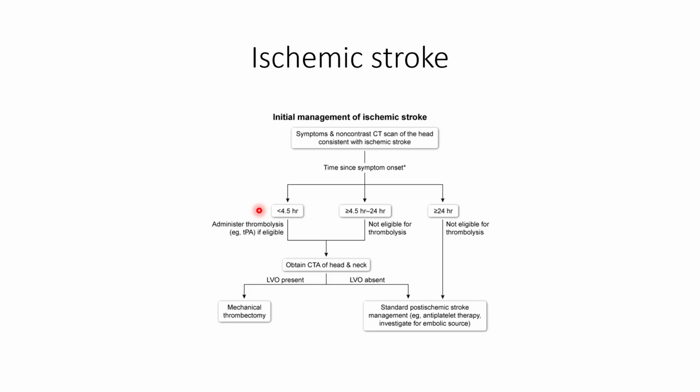Strict exclusion criteria for thrombolytics in stroke are: intracranial hemorrhage on CT scan, history of intracranial hemorrhage, or suspected subarachnoid hemorrhage.